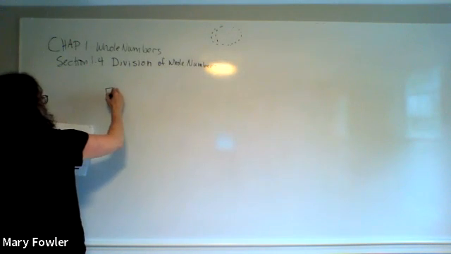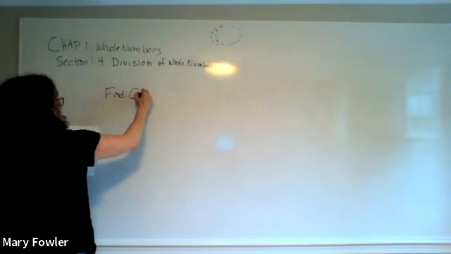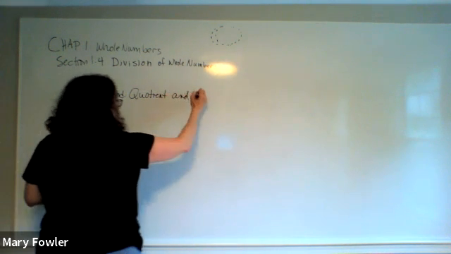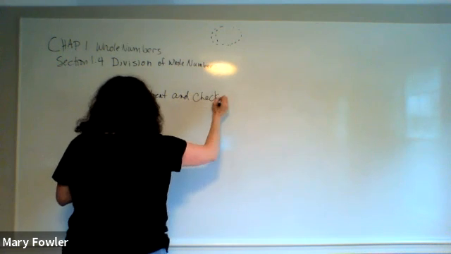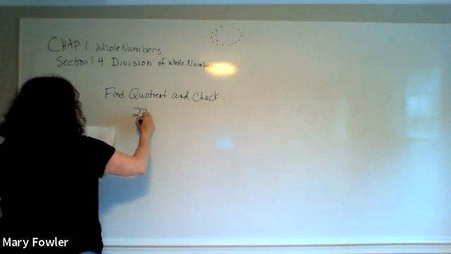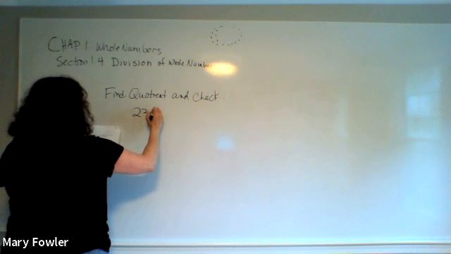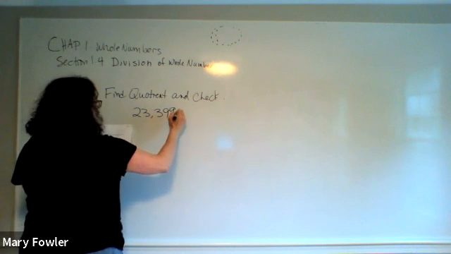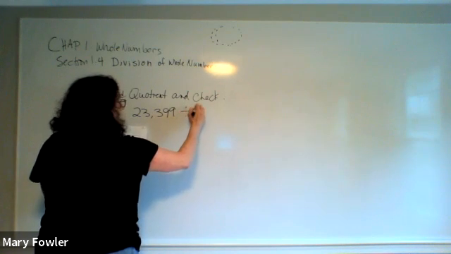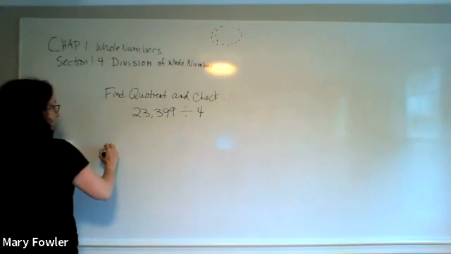So find the quotient and check. $23,399 divided by 4. Okay.